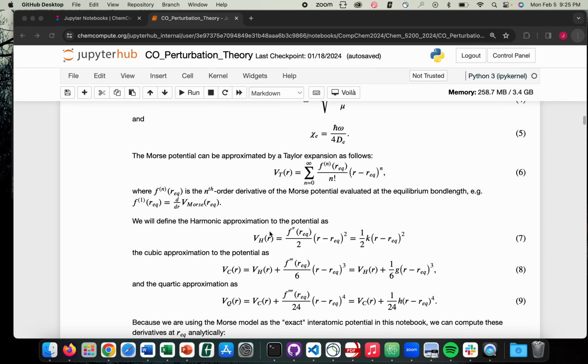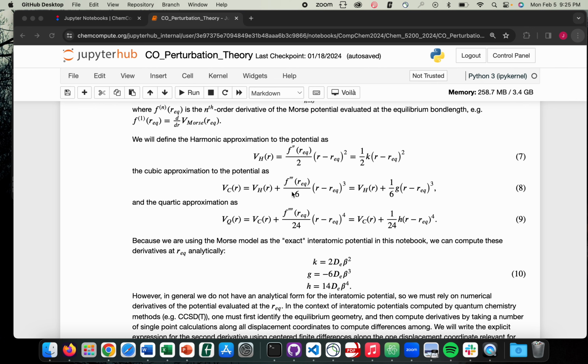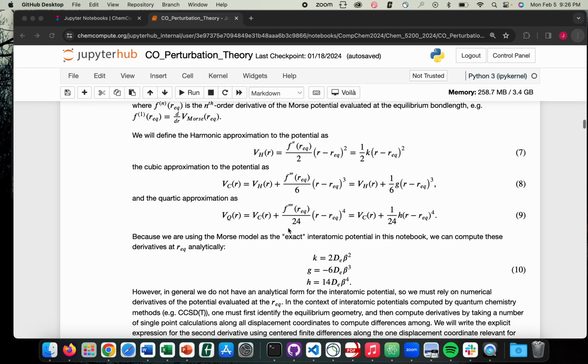For example, the quadratic order in this Taylor expansion is exactly equal to the harmonic oscillator potential. So I have 1/2 k times the displacement from equilibrium squared, and k is given by the second derivative of the potential evaluated at equilibrium. I can have a cubic term with the third derivative of the potential evaluated at equilibrium. And then I can have a quartic term, which comes from the fourth derivative, and so on.